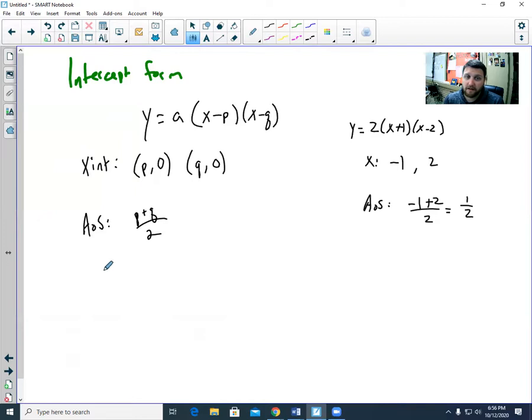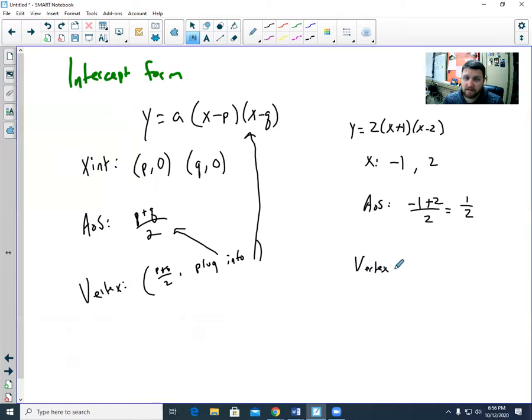Okay, so now the last thing, the vertex, is very similar to what we just did. We take (p plus q) over 2, and that gives us our x value. And then we are again going to plug this into that. So in this one, if I want to find the vertex, my vertex is going to be 1/2, comma, and then I'm going to plug 1/2 in right here.